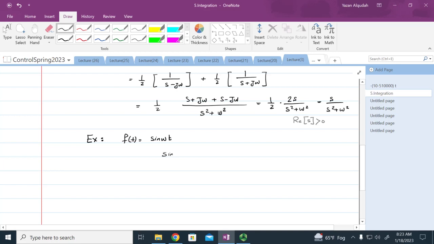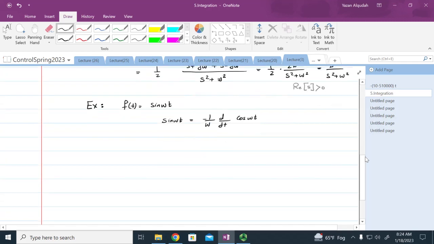Well, we know that sine omega t is equal to negative 1 over omega times the derivative of the cosine of omega t. Agree? The sine is the derivative of a cosine multiplied by negative 1 over omega. So we can use this to calculate the Laplace of sine omega t.